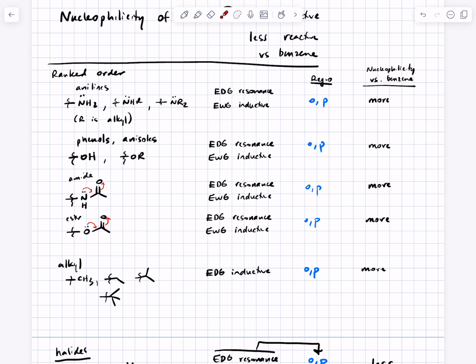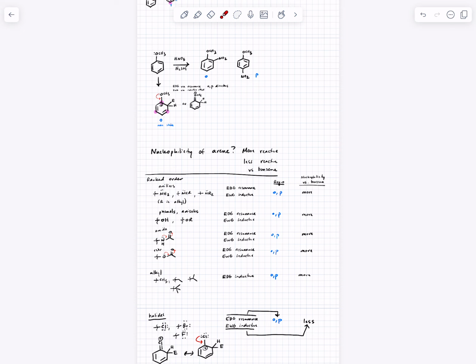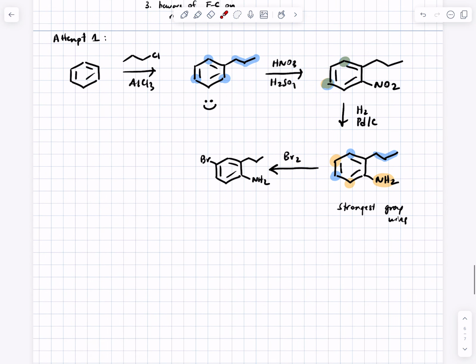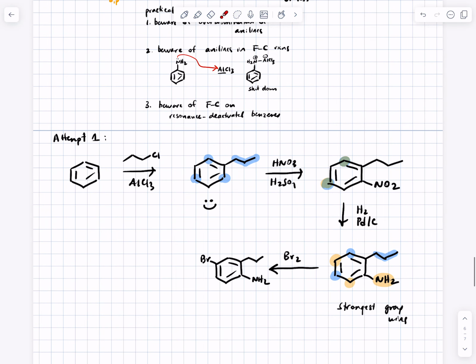Kind of following up on that, this might be a dumb question, but one time you said the strongest director wins, and one time you said the strongest activating group wins. Is there any difference between those two? I think I had the text in front of me and I tried to repeat what the text said.